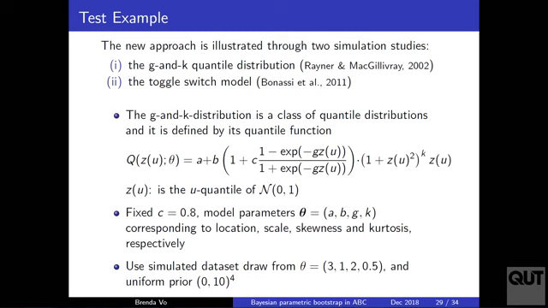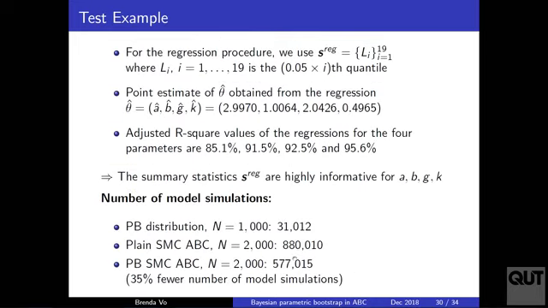So we perform that for two test examples. The first one is the g-and-k quantile distribution, and the second one is the toggle switch model. But because of the time limit, I will skip the second one, so just the first g-and-k example. The parameters for this model are A, B, g, and k, corresponding to the location, the scale, the skewness, and the kurtosis. For the simulated data sets, we draw these parameter values all using uniform priors.